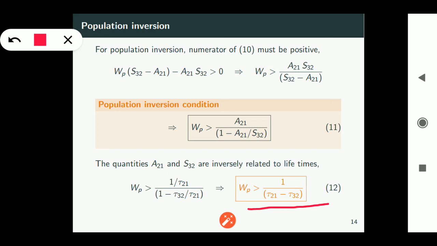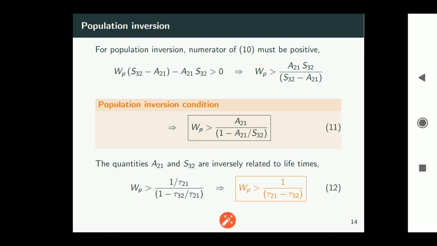The population inversion condition is better expressed in known quantities like lifetime instead of indefinite quantities like transition probability A21 or S32. So Wp must be greater than 1 by tau 21 minus tau 32, which is the condition for population inversion in a three-level system.